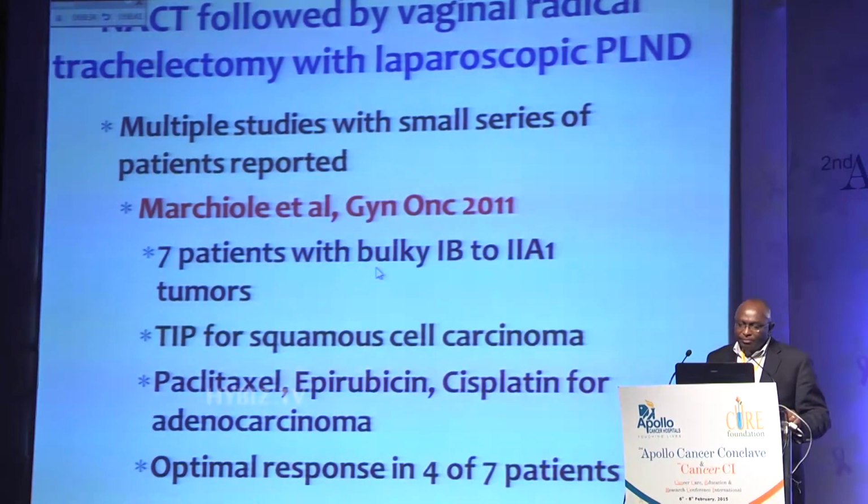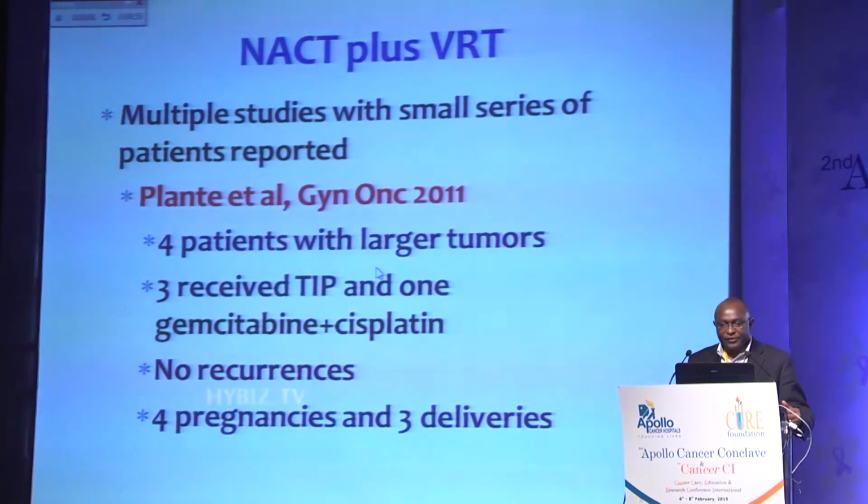And all of the patients then went on to have their vaginal radical trachelectomy after evaluation of the lymph nodes. In this study, there was optimal response in 4 of the 7 patients. Here's another example where patients received TIP or gemcitabine and cisplatin. These 7 patients had no recurrences. There were 4 pregnancies and 3 deliveries.